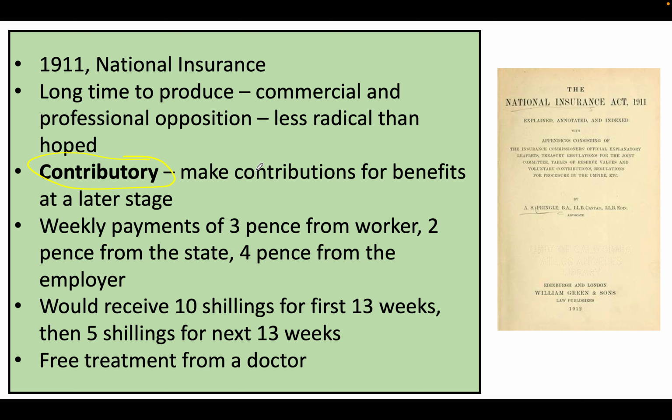Part of the national insurance provision is free treatment from a doctor, which means that doctors would be on government payroll. The BMA don't want that because they want their doctors to be free agents who have autonomy over their own professional lives. This is something we'll come back to when we look at the NHS and Bevan going toe-to-toe against the very hostile, actually, BMA.